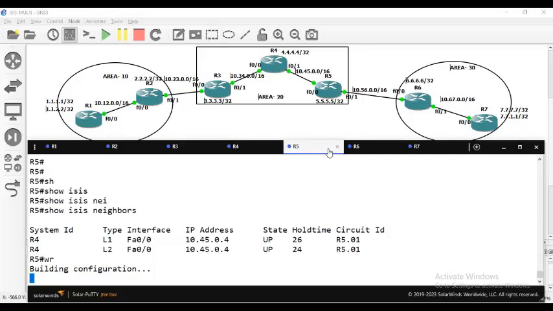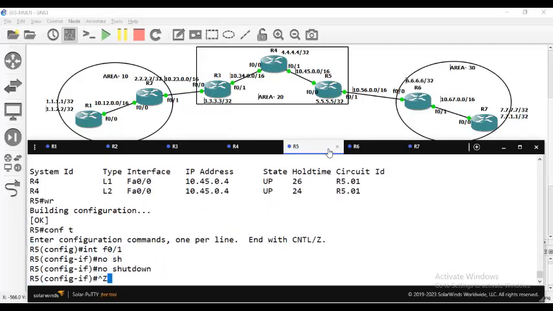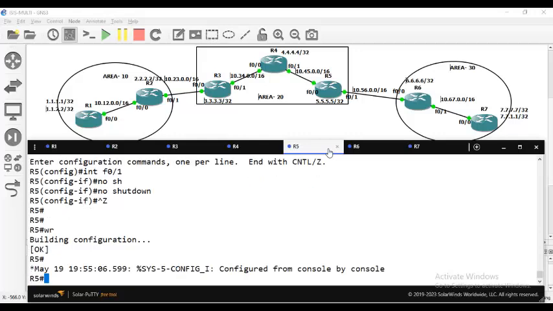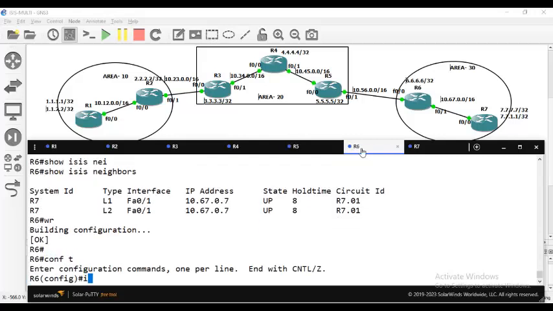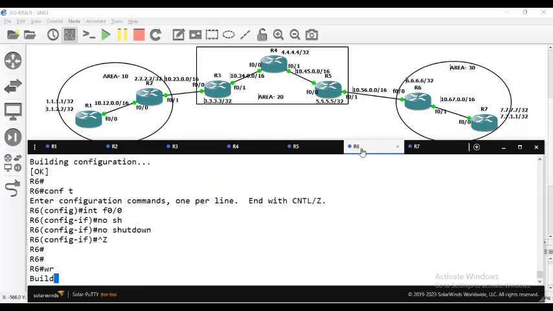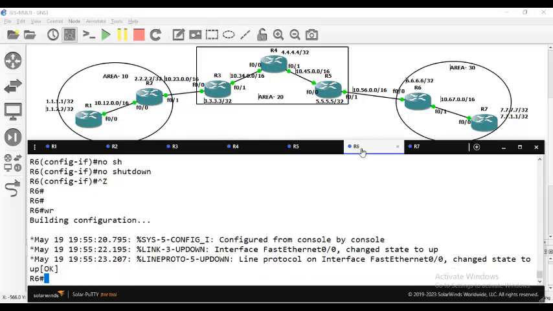The interface is coming up now. Now let's go to R1 and check. You see, I'm able to see 6666, 7777, 7711. Now let me do a traceroute to 7777 with a source 112. Perfect, it goes.